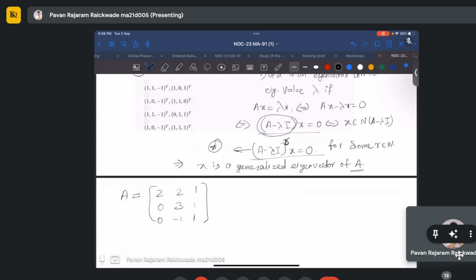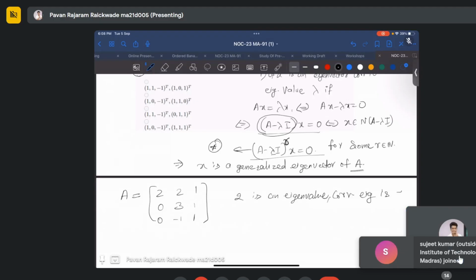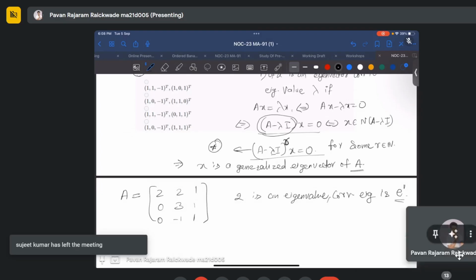Can anyone find? Sir, by seeing the first column of this matrix, 2 is the eigenvalue. Perfect, yeah. 2 is an eigenvalue, and the corresponding eigenvector is E1. Now we can use the trace and determinant of the matrix.